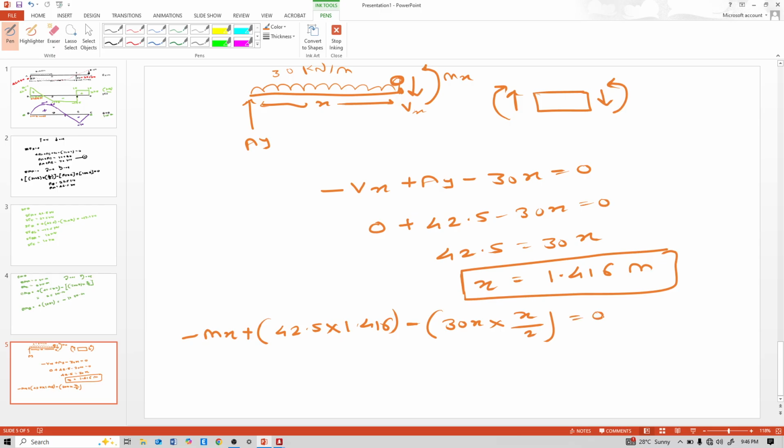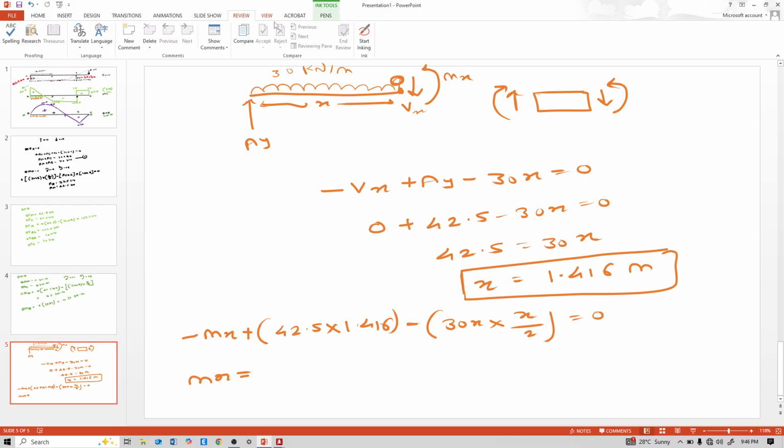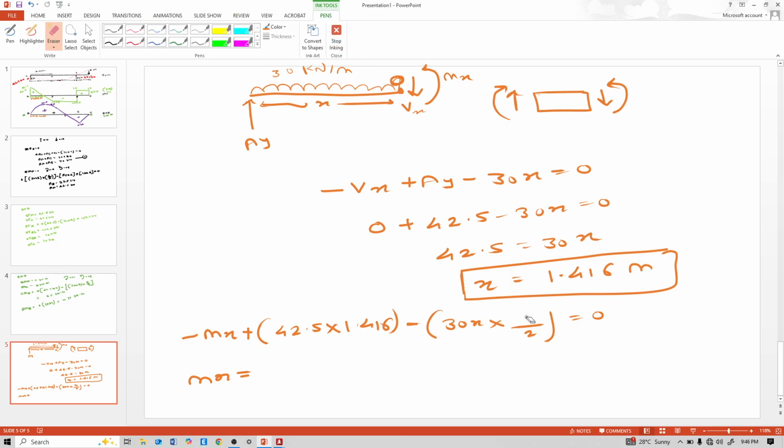Equal to 0. So this Mx is equal to 42.5 into 1.416 minus 30 into 1.416 into 1.416 divided by 2.